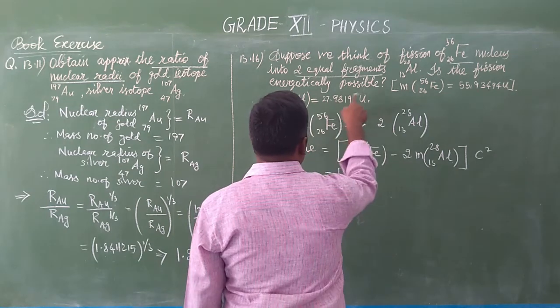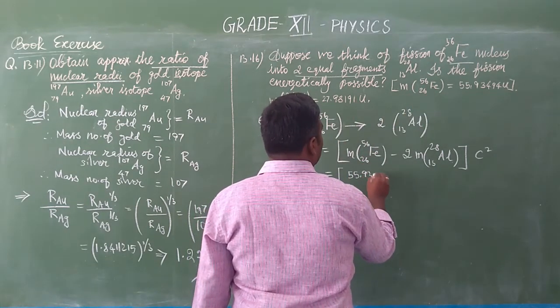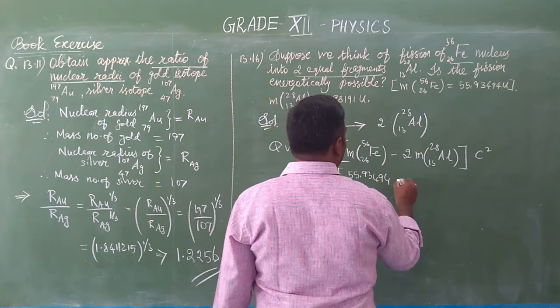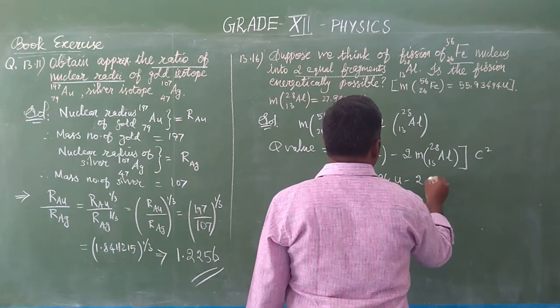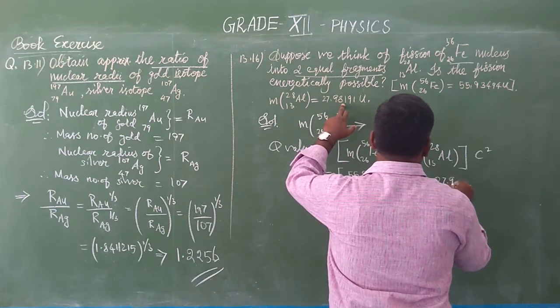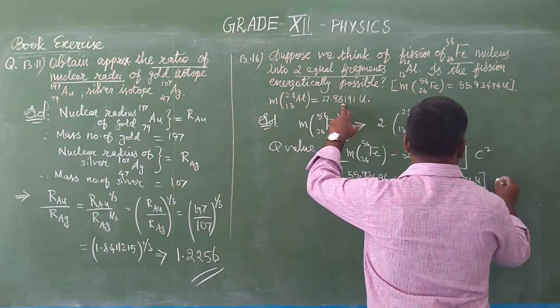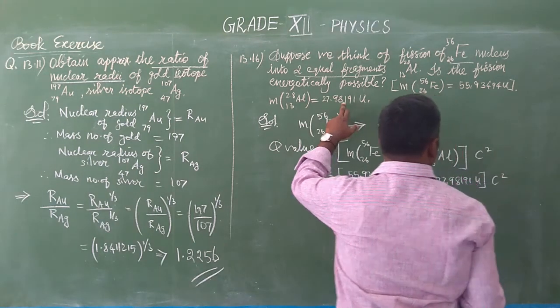So what is the value of the mass of the iron? It is 55.93494 u minus 2 into the aluminium mass 27.98191 u into c square.